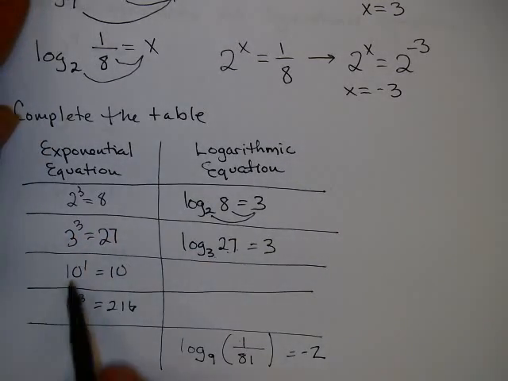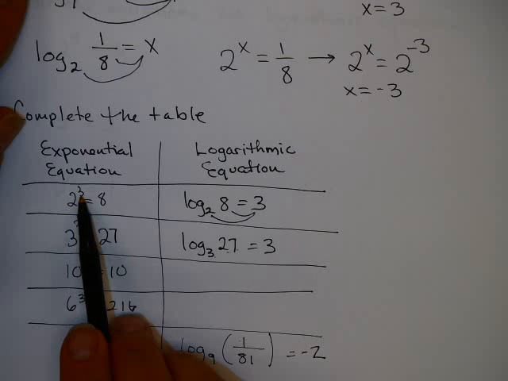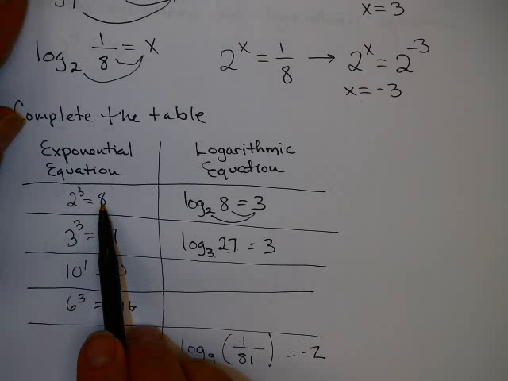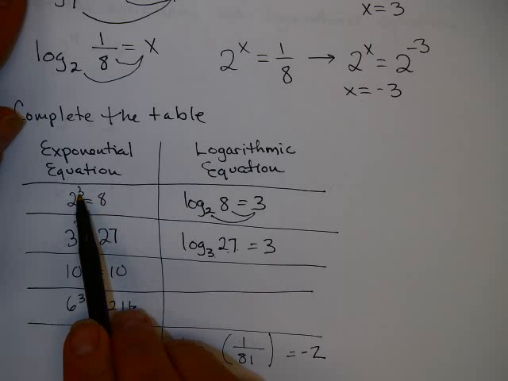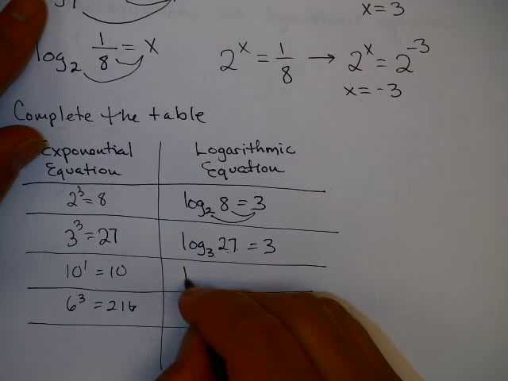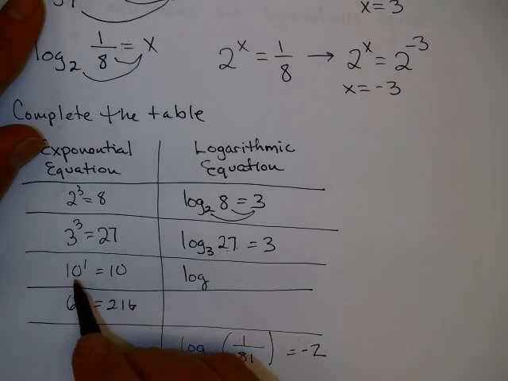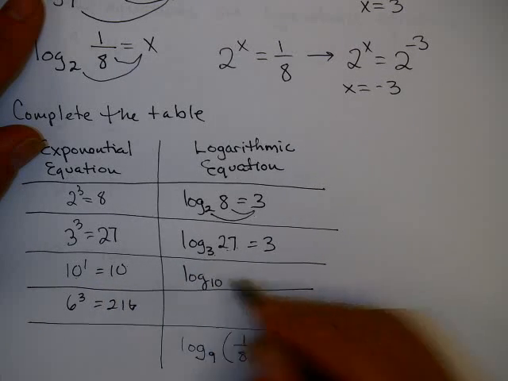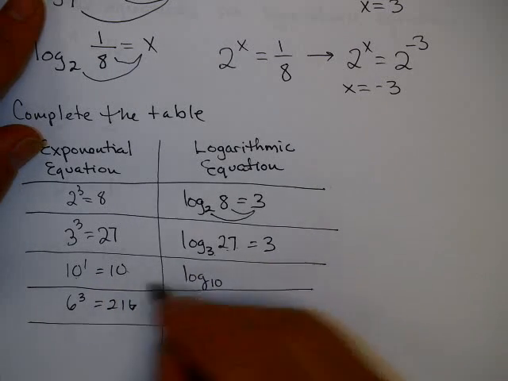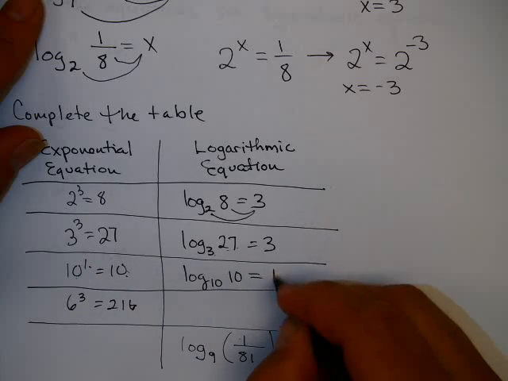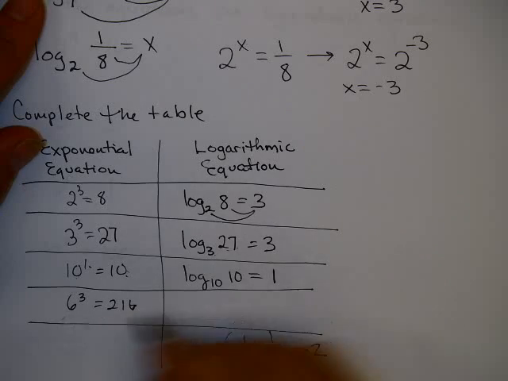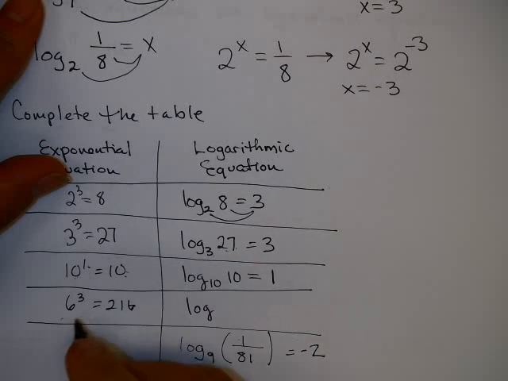Now let's see if we can go backwards. Notice 2 to the third power equals 8 gives me log base 2 of the answer, 8, equals the exponent, 3. So here, log base, well, what's the base here? 10 of the answer, which is 10, equals the exponent, which is 1. And here, what is the base here?